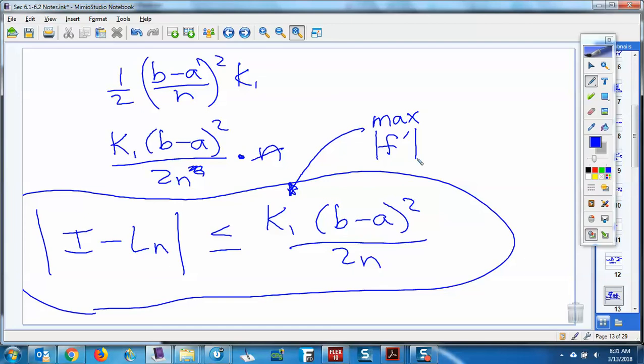The -3, right? We don't care about the negative. So we're going to use the absolute value of f prime. The number we would use in that case for K1 would be 3. We care about the steepness, okay? So K1 is the max of f prime.